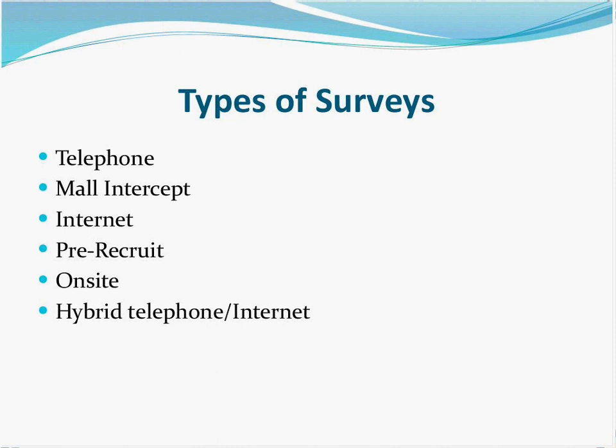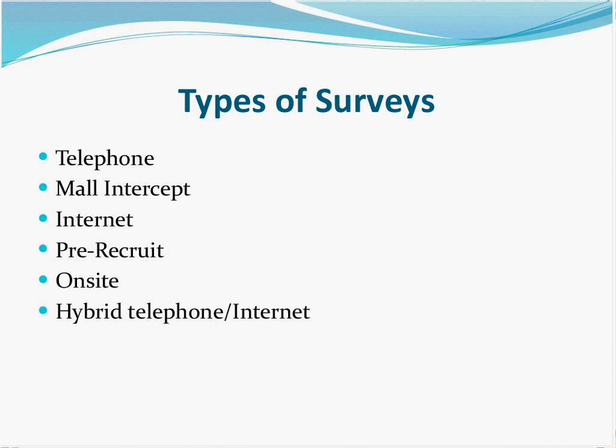Another type of survey that was very popular and still has a certain level of popularity is the Mall Intercept Survey. The Mall Intercept Survey is done in shopping malls, and the shopping mall would have a research facility within it, and recruiters from that research facility would filter through the mall and try to attract people to participate in the survey.